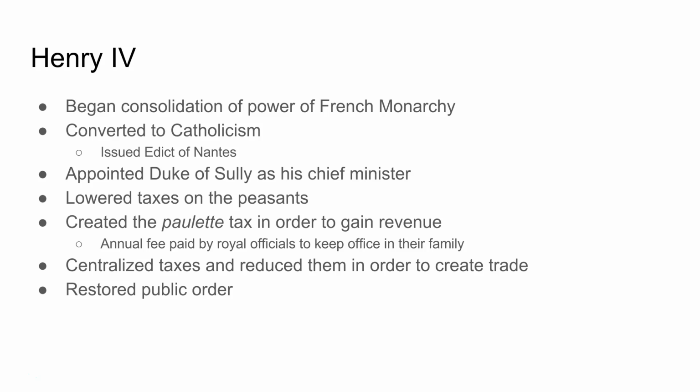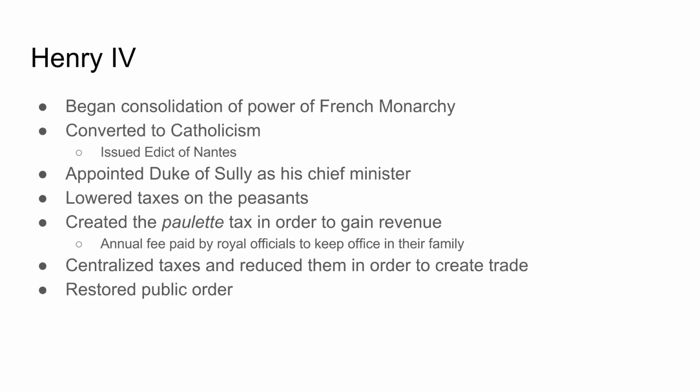We recall that he converts to Catholicism and issues the Edict of Nantes, which grants religious tolerance to Calvinists, as well as some minor political freedom to 150 different walled cities within France. That is done to appease the population and bring everyone together after this relatively destructive civil war, the War of the Three Henries.